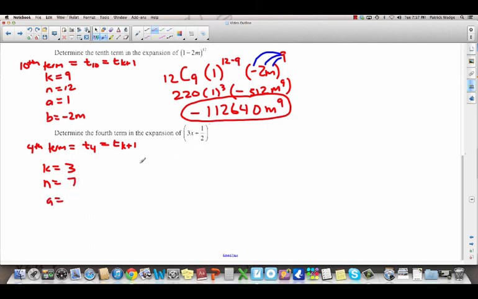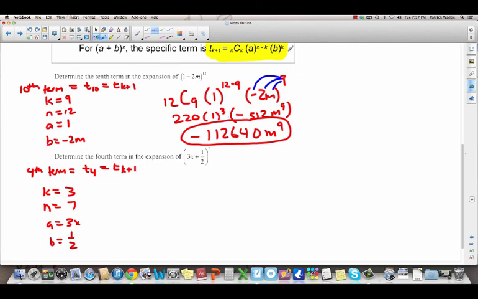Our a value is 3x. Our b value is 1/2, and again we just plug everything in. So let's make it so I can see the equation. n choose k, so 7 choose 3. a is 3x. Then n minus k, 7 minus 3. b is 1/2 to the k power, that's 3.